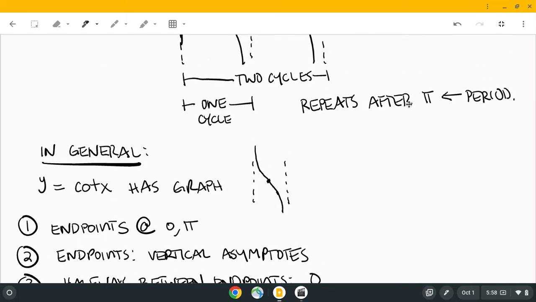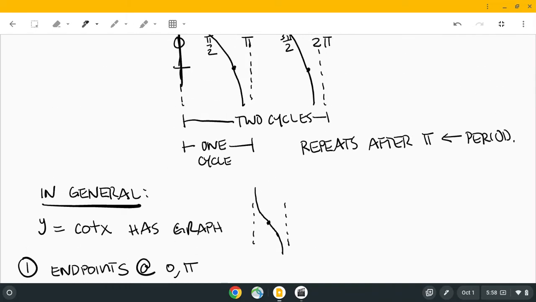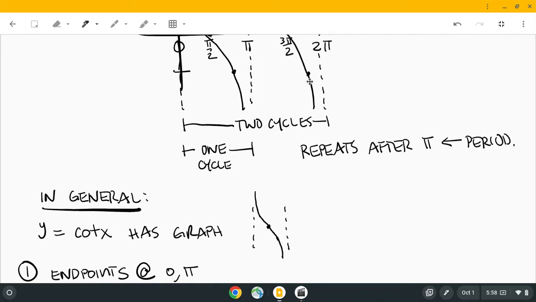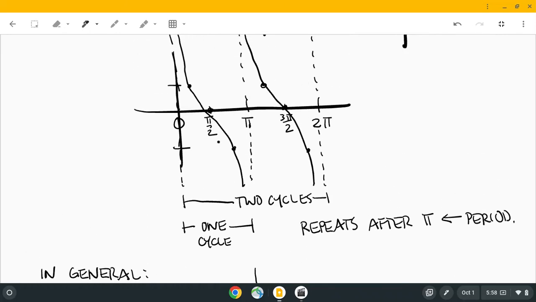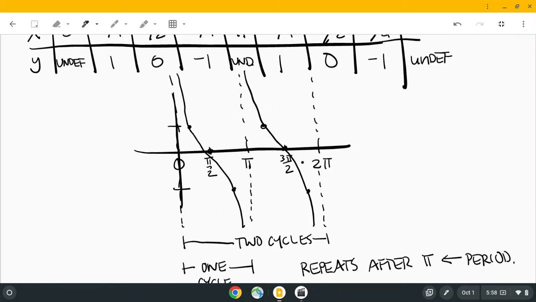Let's just emphasize here for cotangent, from 0 to 2 pi, we see two fully connected, snaky looking curves here.